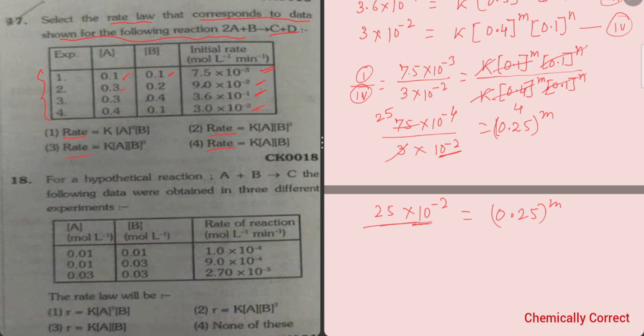This expression is written as 0.25 equals 0.25 raised to the power m. So in this case, m is equal to 1.